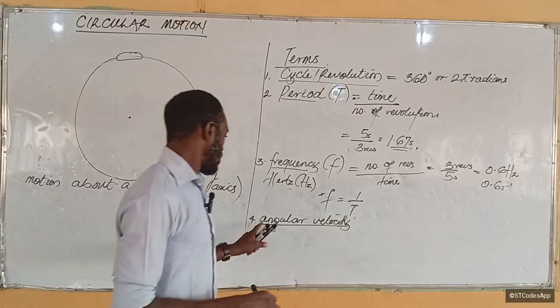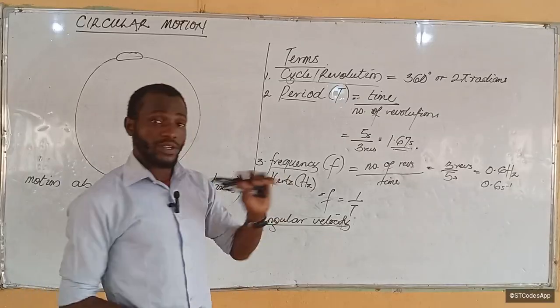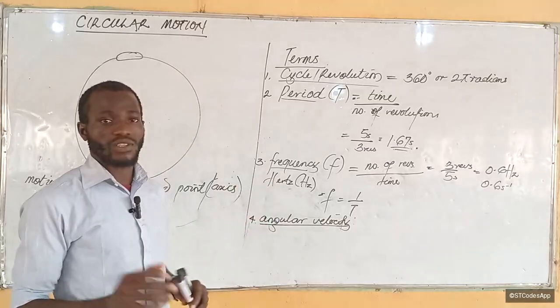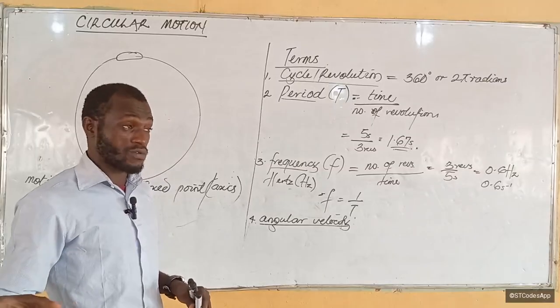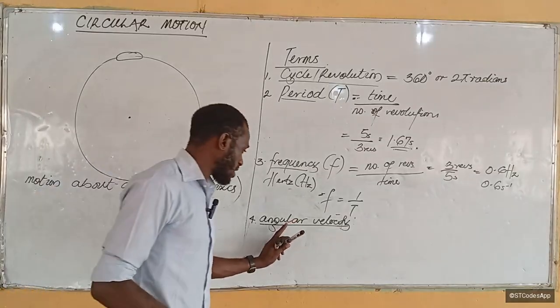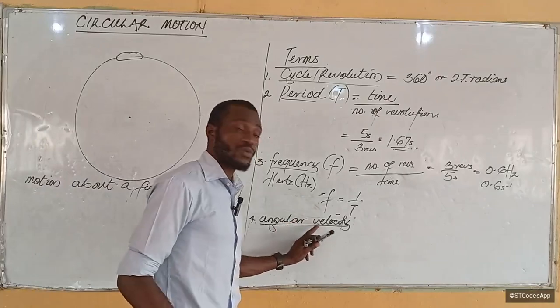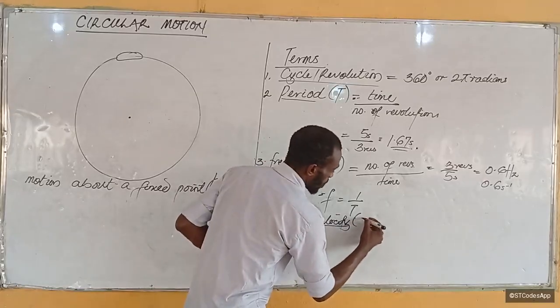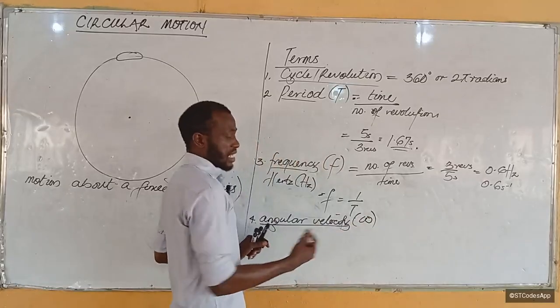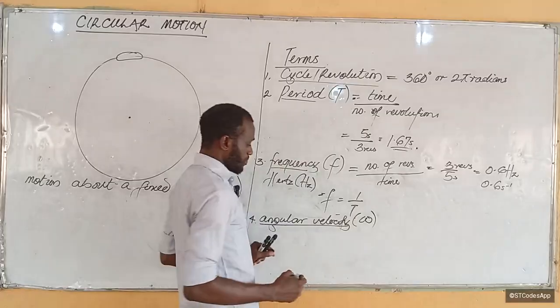Now, I told you the angular velocity is just like velocity. What's velocity? That's the change in displacement over time. So angular velocity is going to be what? Angular velocity is denoted by omega, that's like a W with one side covered.